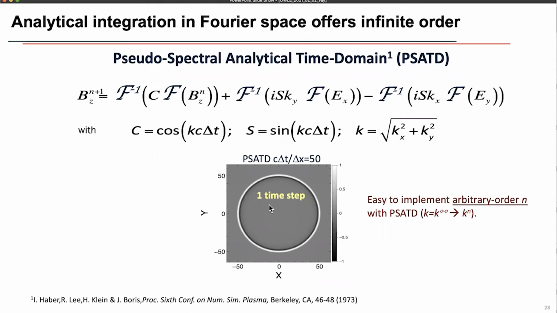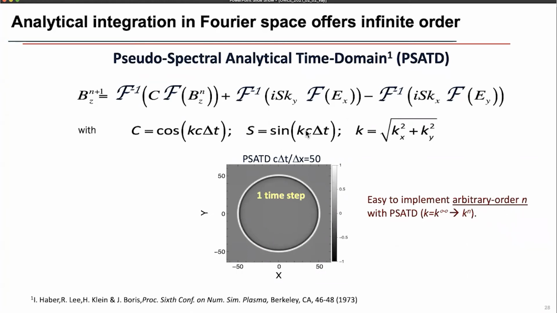Now, of course, when you use particles, you get a time step limit, some type of Courant condition on the crossing of the particle. So you cannot use this, but at least that gives you a very precise algorithm. And it's very easy to actually implement the equivalent of an arbitrary order.